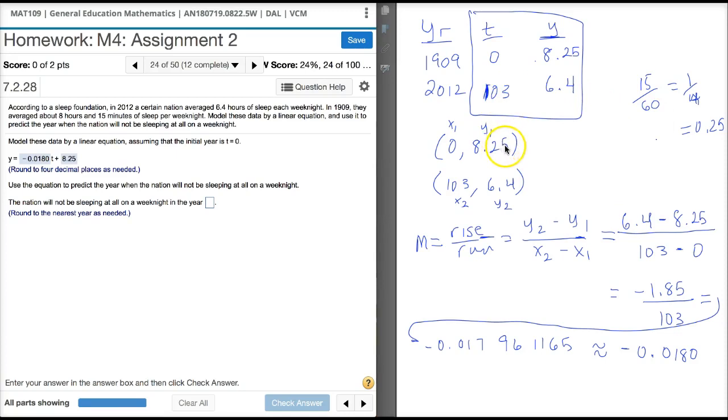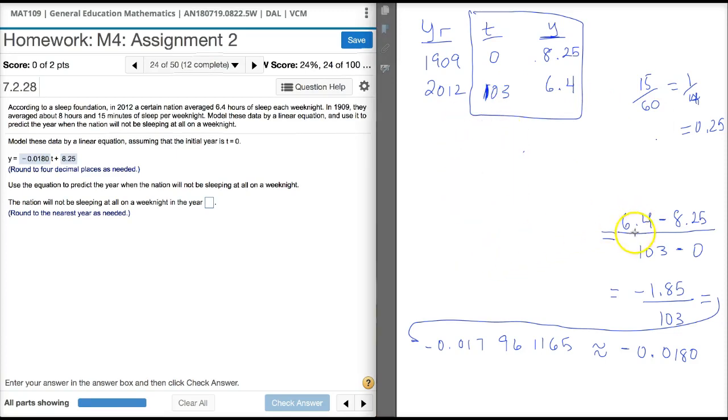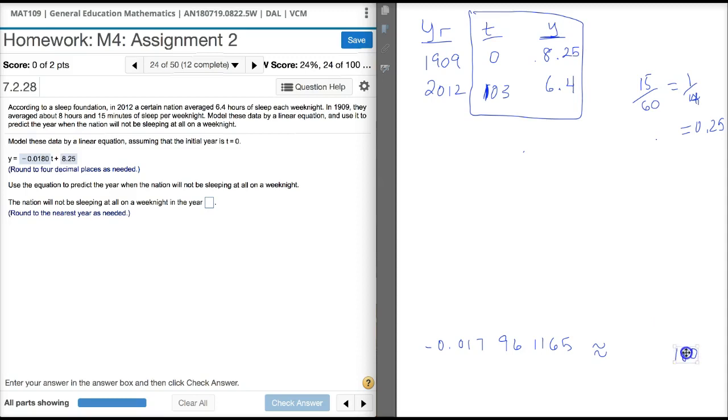So I'm going to erase some of this to give us some room to work this question here. And let's see here, we need to put this back. This is 8.25. Let's get rid of this.